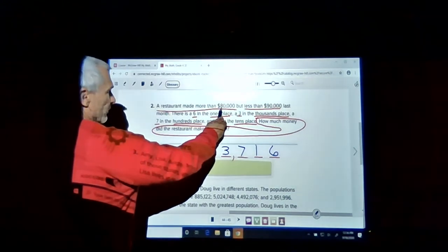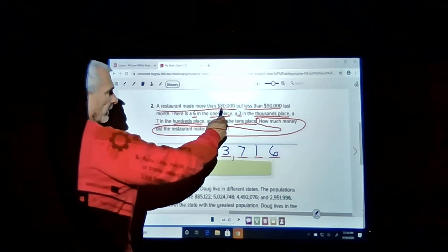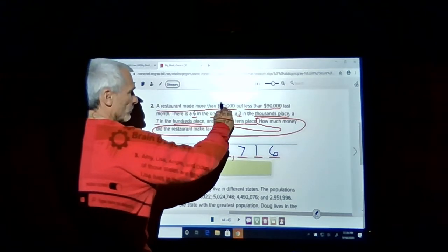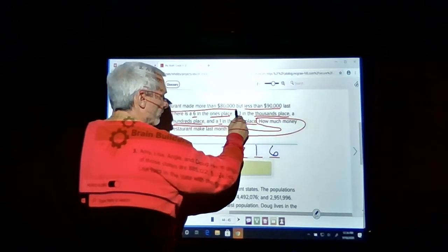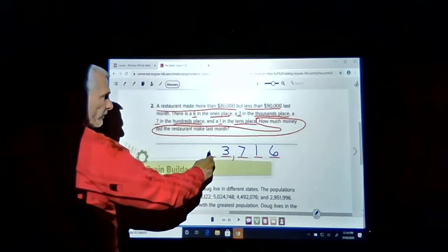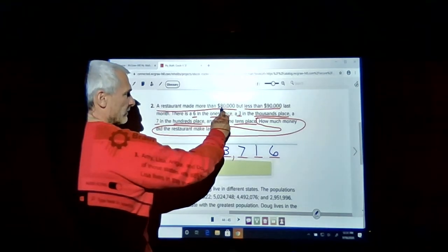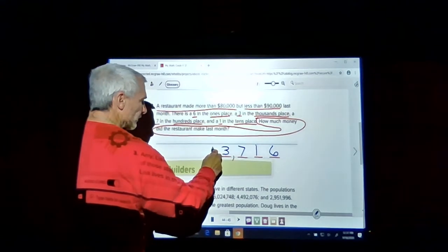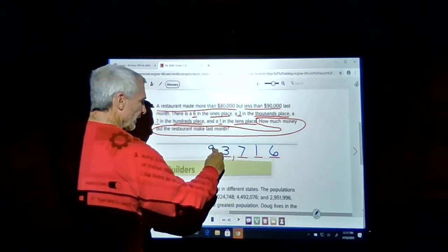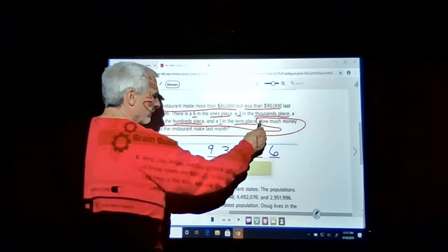Can't be an 8 because, or can it be an 8? It has to be between 80,000 and 90,000. So either an 8 or a 9. If I tried a 9, 93, is 93 between 80 and 90?